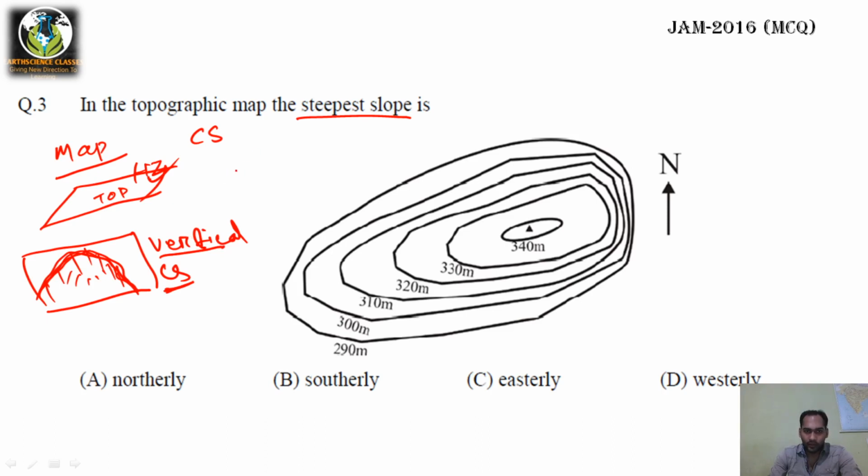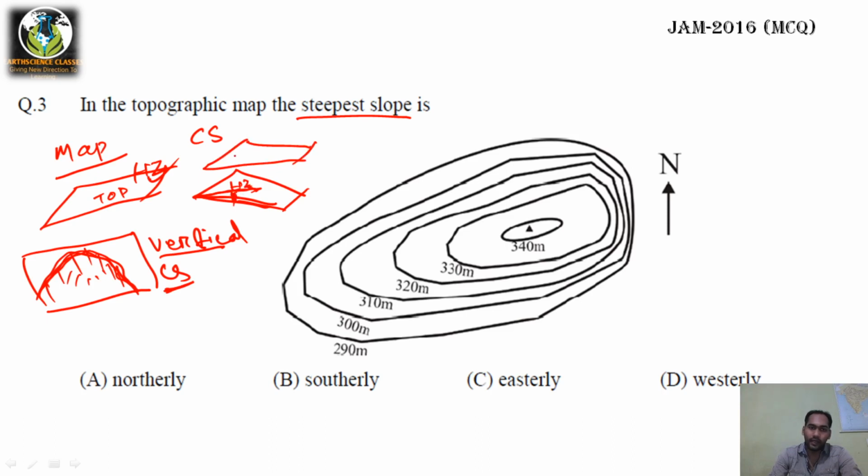Okay, suppose this is an inclined bed. You cannot measure its inclination. What is inclination? The tilt angle measured with the horizontal. This is the horizontal, and this angle is the angle of inclination. You cannot measure it from the map view.